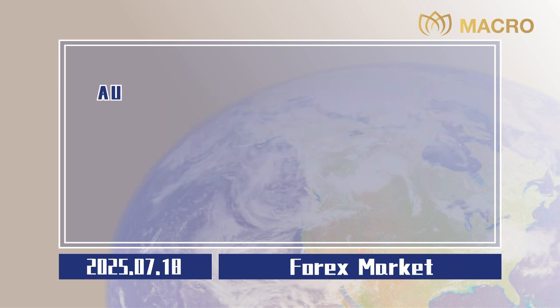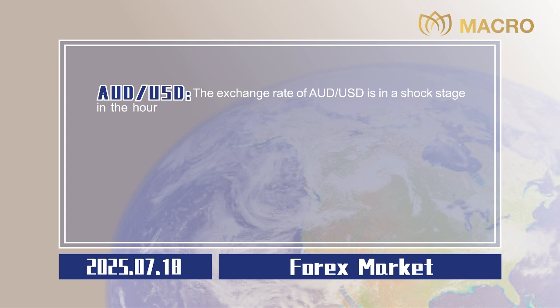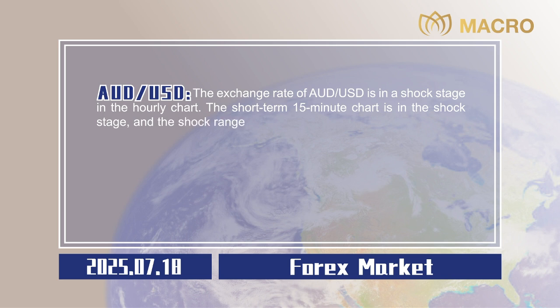Australian dollar to US dollar. The exchange rate of Australian dollar to US dollar is in a shock stage on the hourly chart. The short-term 15-minute chart is in the shock stage, and the shock range is 0.6496 to 0.6510. In the market outlook, you can sell at a high price and buy at a low price.